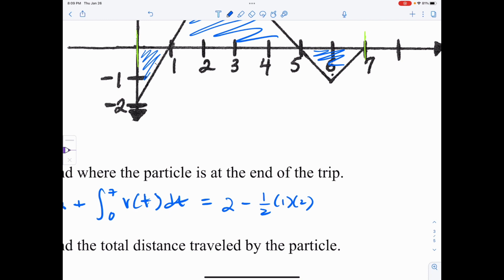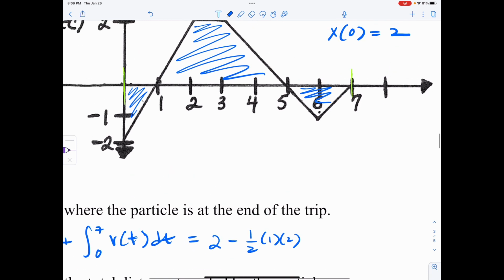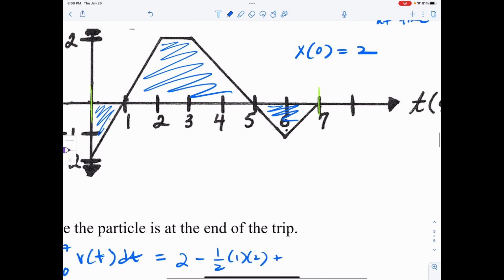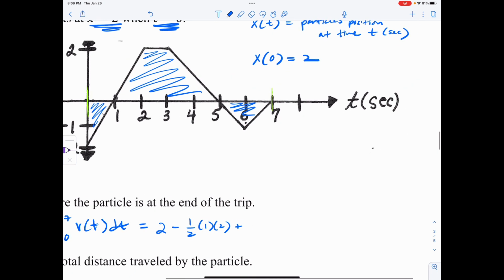So we're going to end up subtracting 1. And then plus, we have a trapezoid. So 1/2. This side is a length of 4. This side is a length of 1, it looks like. And then the height is 2.